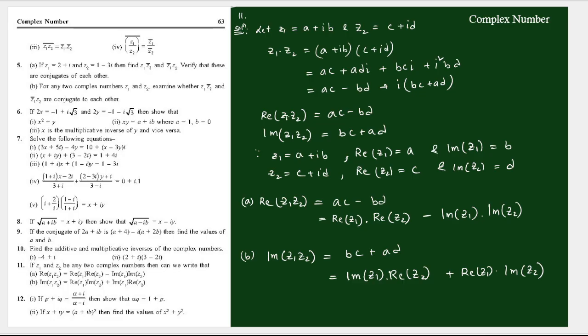Real part of z1, imaginary part of z2. ओके, और एक बार लिख देते हैं क्वेश्चन की तरफ से. Likewise, real part of z1 into imaginary part of z2 plus imaginary part of z1 into real part of z2. So here in this question, real part of z2. So it is proved.